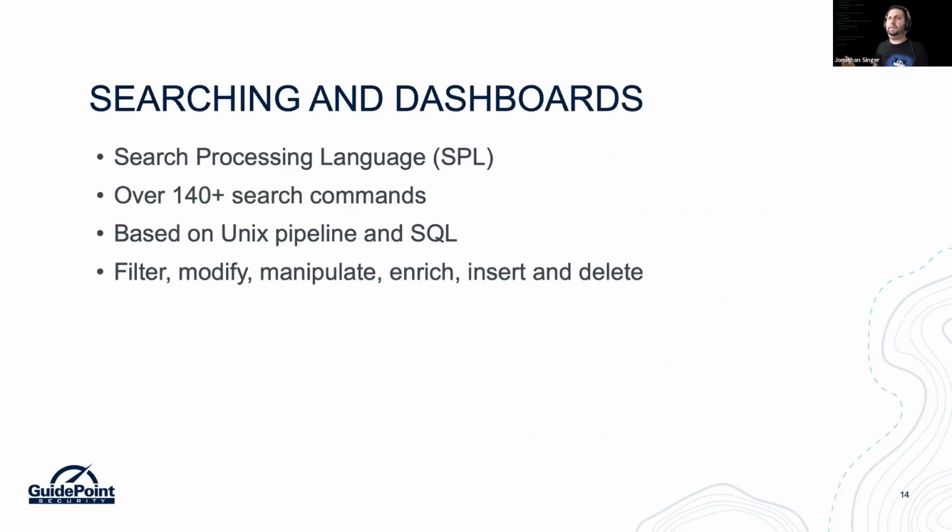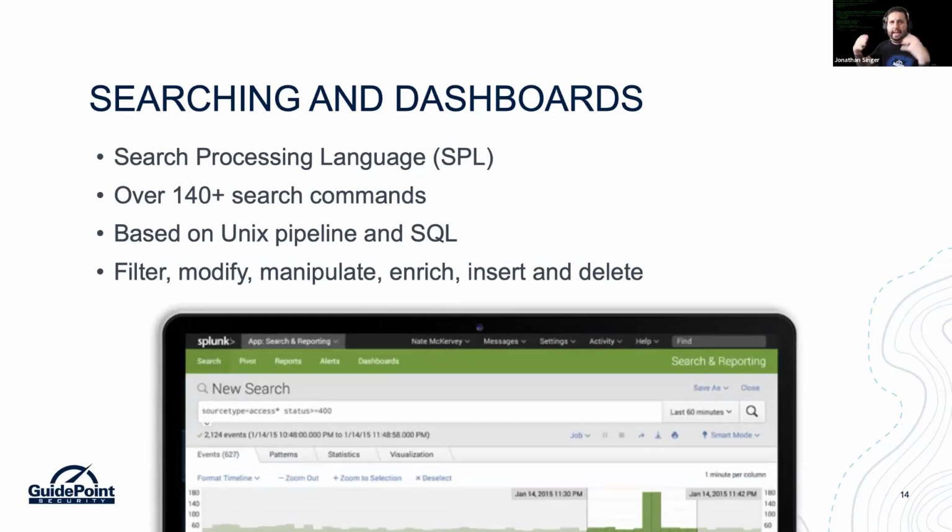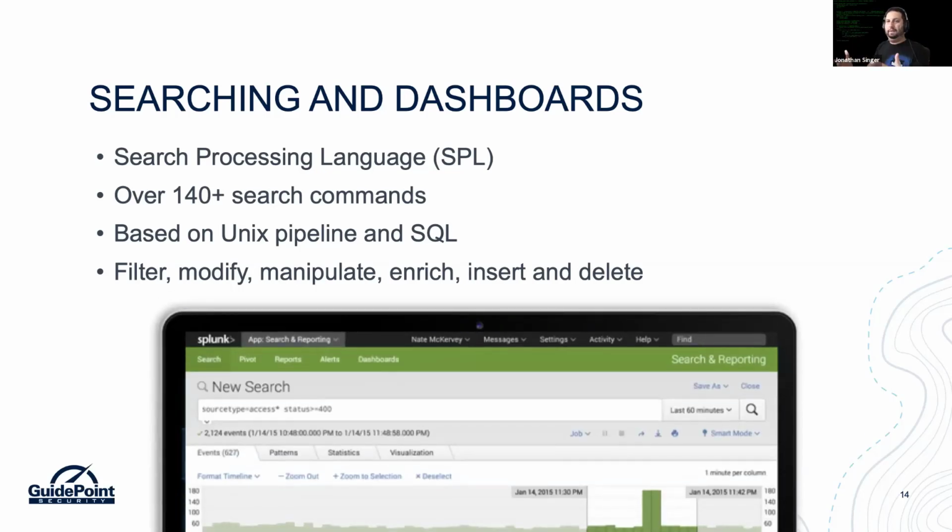So how do we search in the first place, right? What is this that we're dealing with here? Searching is based off of this search processing language called SPL. And there's a little over 140 commands. There's all kinds of crazy stuff when it comes to it. But what's cool is that it is based off of Unix and SQL.